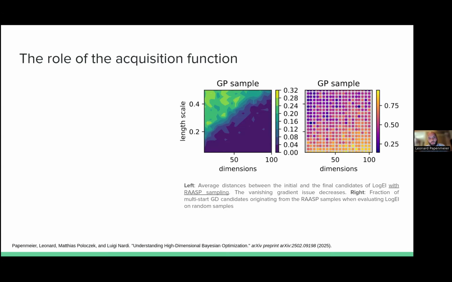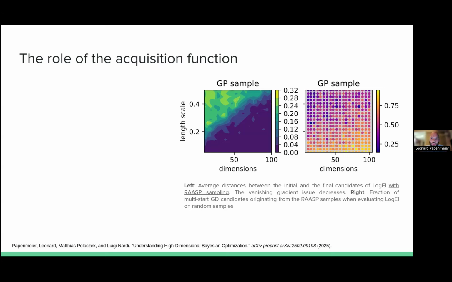And those samples are drawn close to points that have performed well in the past. So we call those local samples because they are close to other points that we already observed. So overall, we then have 1024 random samples. And out of those, we then again choose 5 starting points for the acquisition function maximizer.